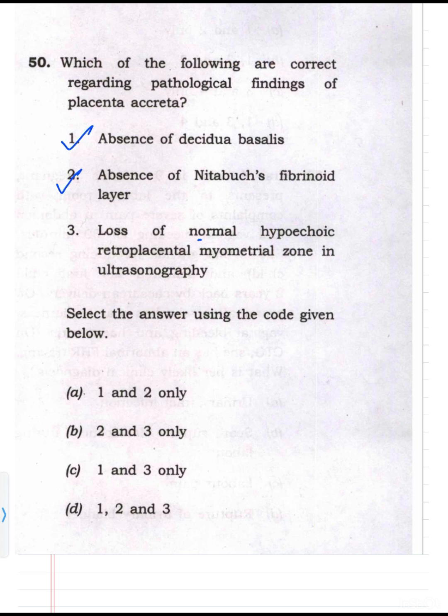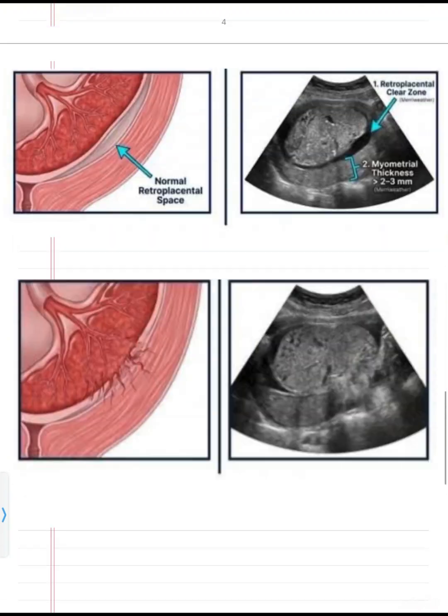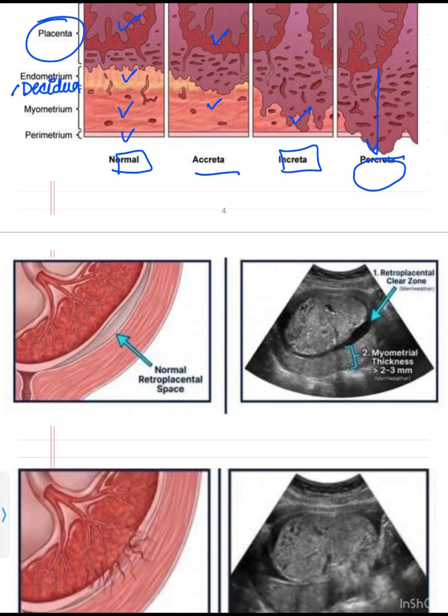Coming to the third one, the loss of the normal hypoechoic retroplacental myometrial zone on ultrasonography. It's an ultrasonographic finding. Normally there is a retroplacental space here. You can see in the ultrasonography as well that there is a clear black retroplacental zone present.